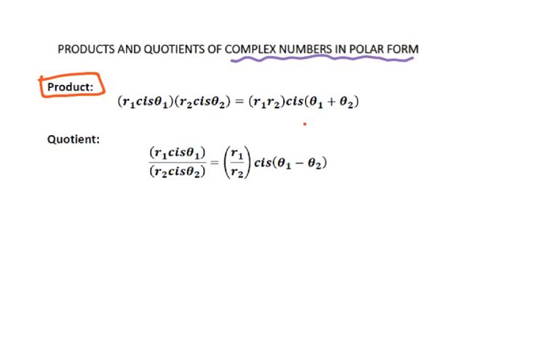When two complex numbers multiply each other, we just multiply the r together and add the angles. If we do the quotient of two complex numbers, then we just need to do the quotient of the r, and the angle will be the difference of those two angles, just like this. It's so easy to do.